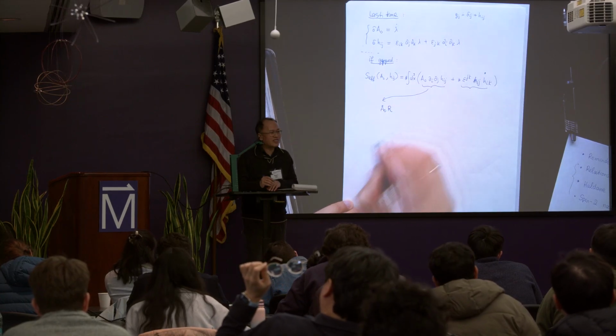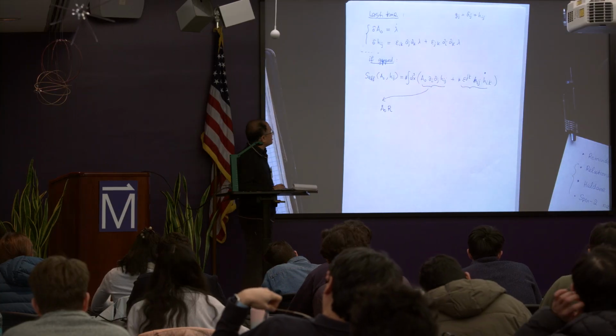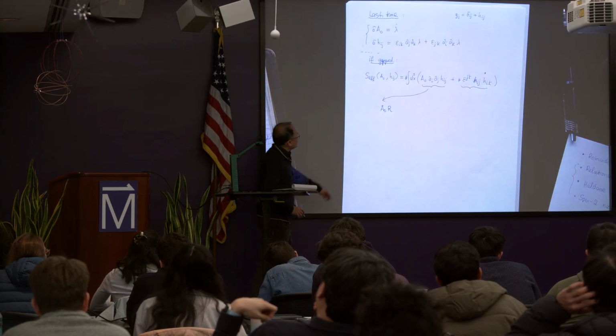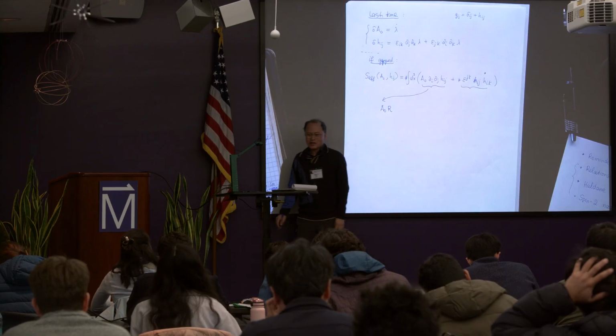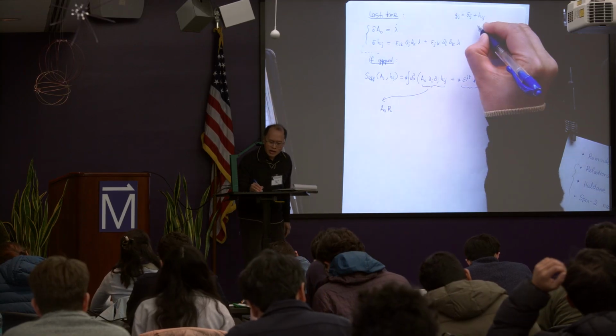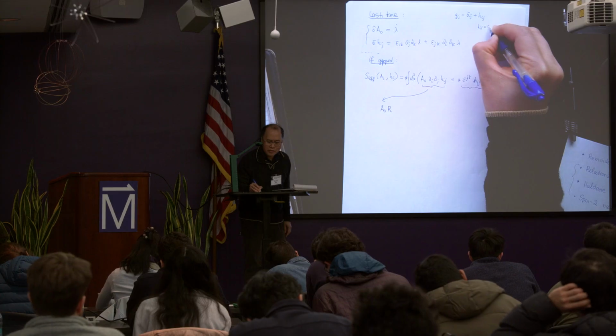So R is the total Riemann curvature, which around flat space becomes di dj Hij. By the way, here I'm assuming Hii is equal to 0.